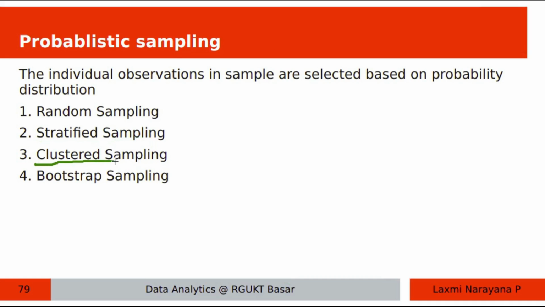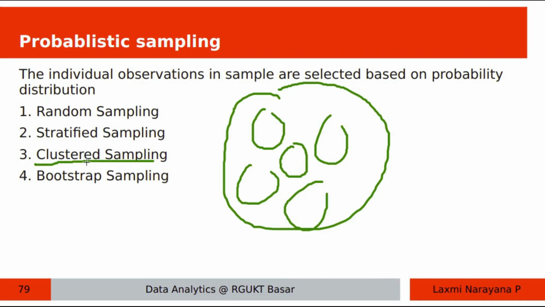Third one, clustered sampling. Clustered sampling is also the same as stratified sampling. This can be applied on non-homogeneous population. Here we need to divide entire population into different clusters, but selection of the sampling will be different here.